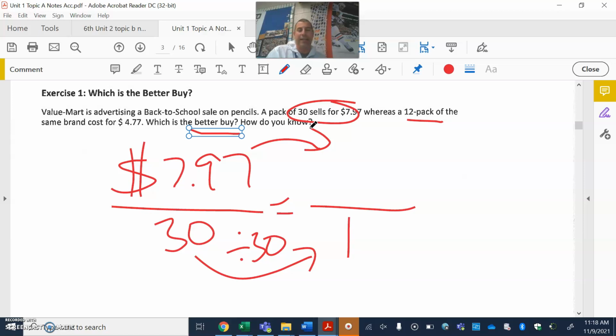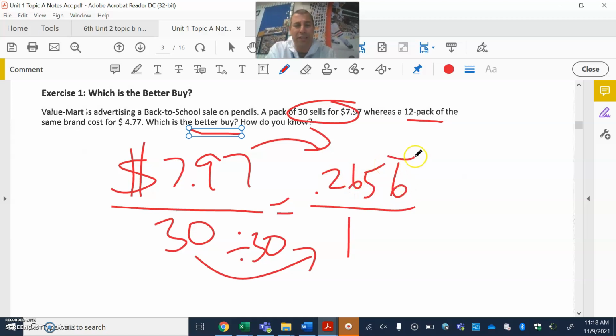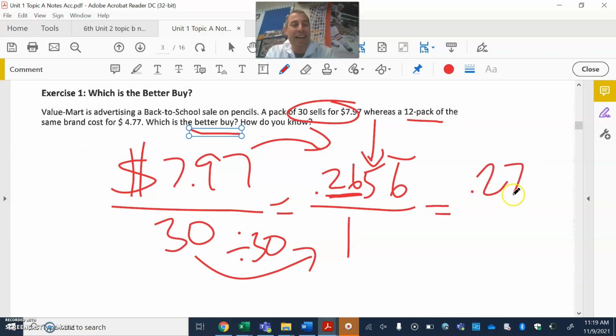Calculator says 0.266 and then a whole lot of sixes, so it's repeating. A 7 does show up at the end, but that's because it rounds the last place value. We're talking money here. Remember, money, dollars and cents. If we're talking about cents, which we are, we need 2 place values. But it's that third number we're going to be looking at that's going to tell me about my rounding. So it's not 26 cents for the one. It is 27 cents for the 1 pencil.